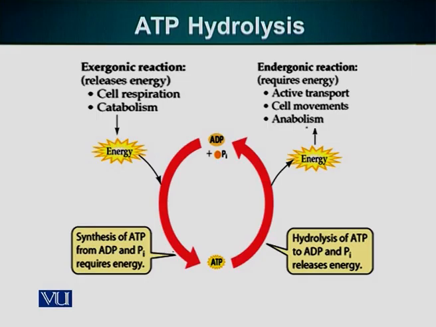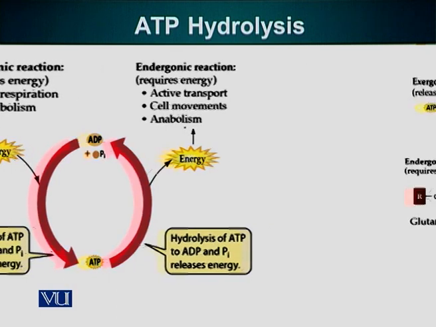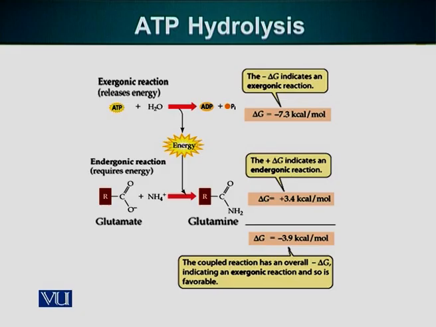So this is a cycle in the cell. Processes that require energy get the energy from processes that release energy when they occur. We have an example of an exothermic reaction, the hydrolysis of ATP, ATP combining with a water molecule and releasing an energy of 7.3 kilocalories per mole.